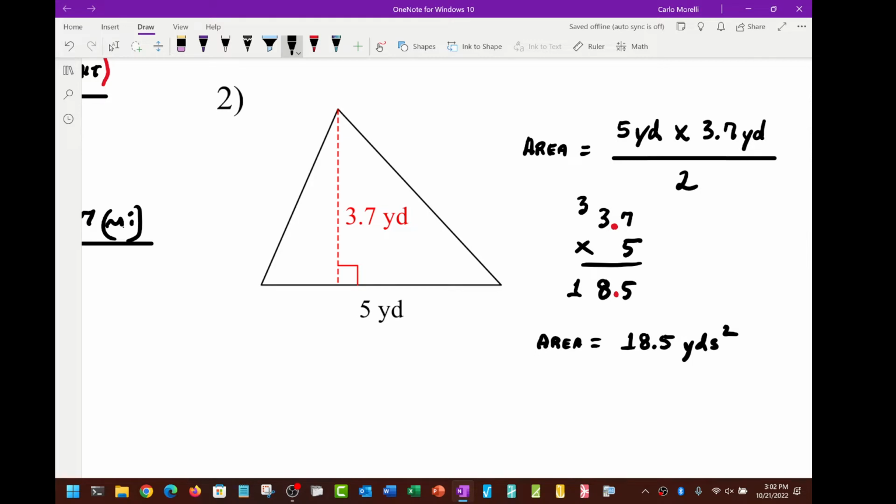Okay? And we'll put that in a box. Oh wait, I'm skipping a step. Sorry, we did the base times the height. Now we have to divide by 2. So let's go ahead and do that.